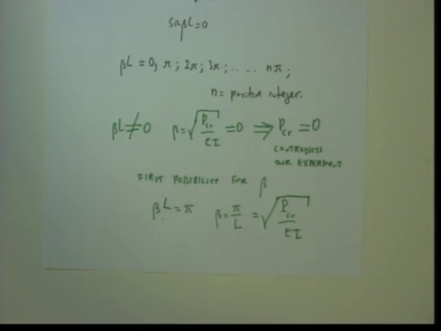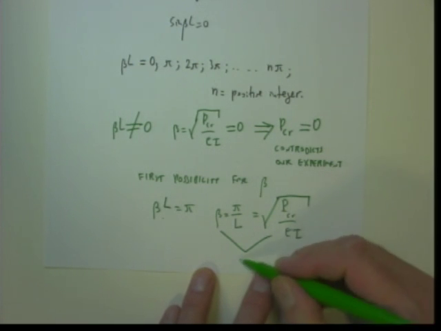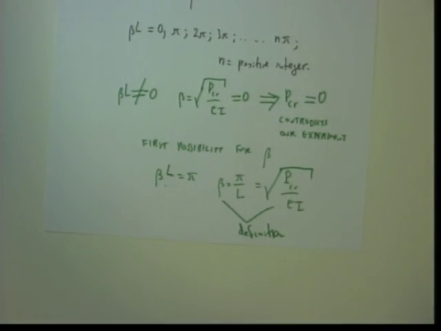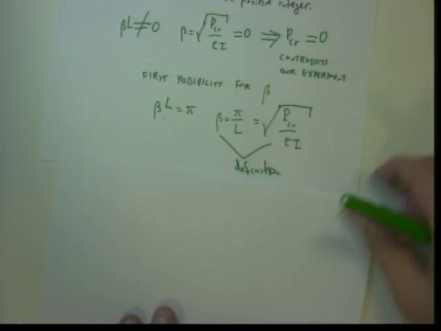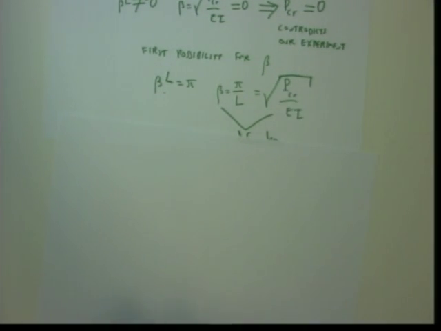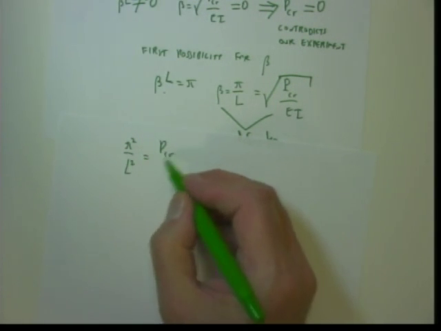That is a definition. So if we square both quantities, we get pi squared over L squared equals P critical over EI.